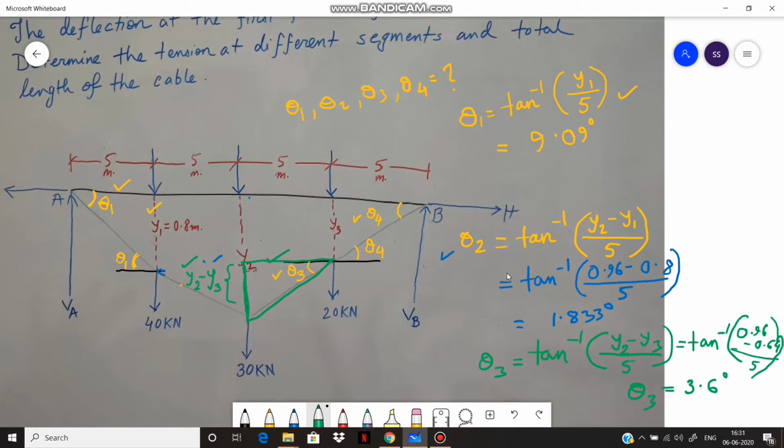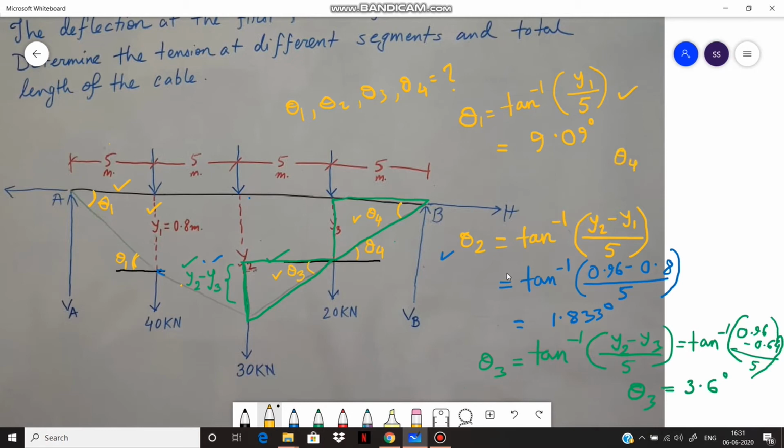And now if we consider this particular triangle, we will get the value of theta 4.